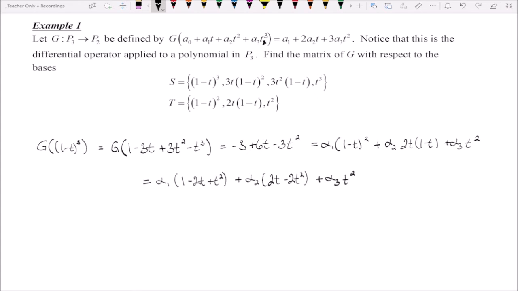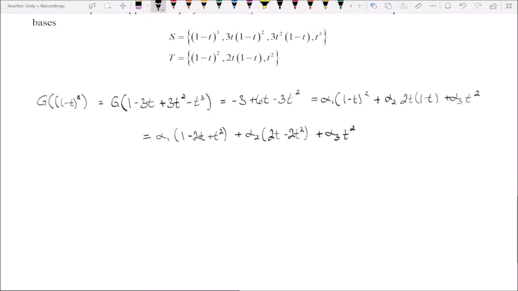Now our ultimate goal is to find the coordinate vector. Right, so we need to solve for alpha 1, alpha 2, alpha 3. However, we have to do the same thing for 3 other vectors. So for now, let's just hold off on finding the coordinate vector. We'll be able to do that all at once.